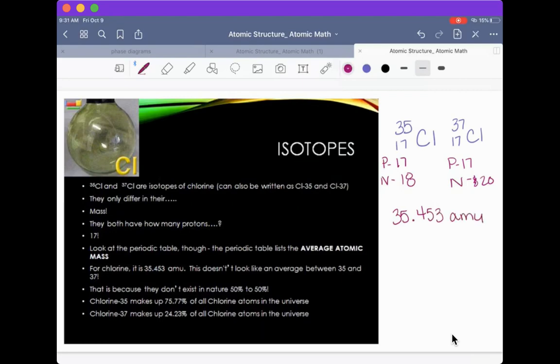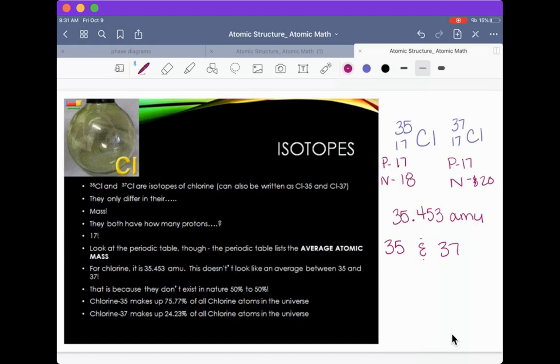That number is not exactly the average of 35 and 37. You would think they would take the 2 isotopes and average them out, so I would add 35 plus 37, divide by 2, and that number should fall in between. But it doesn't. It's 35.453, which is not directly in the middle of 35 and 37.